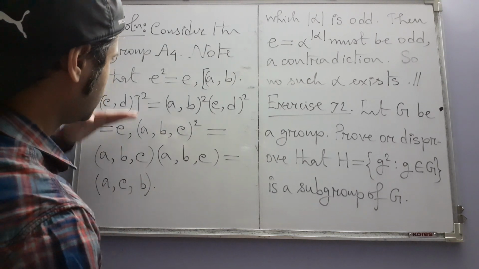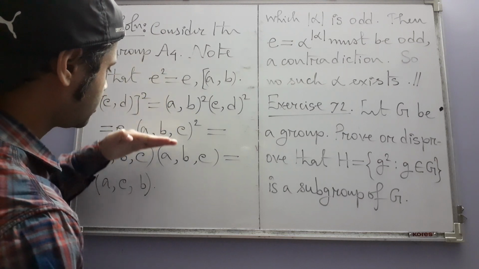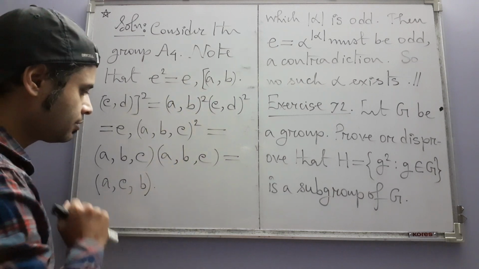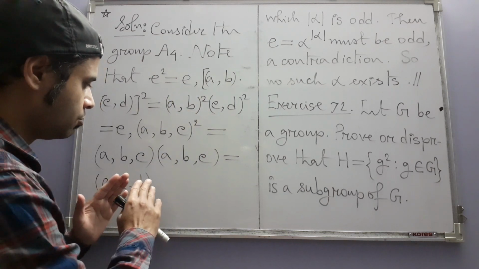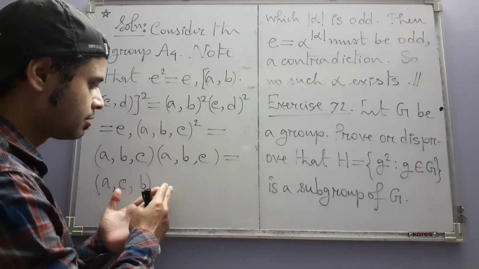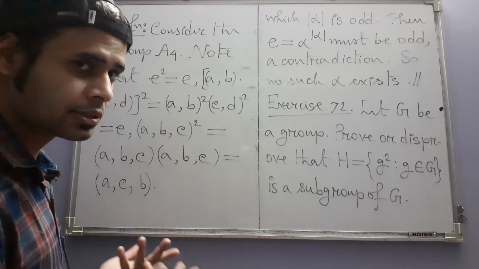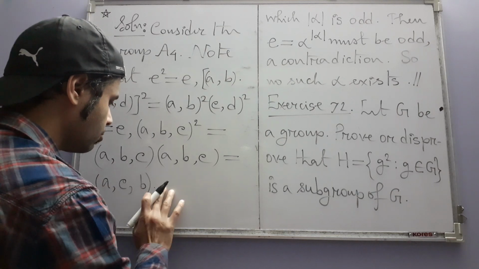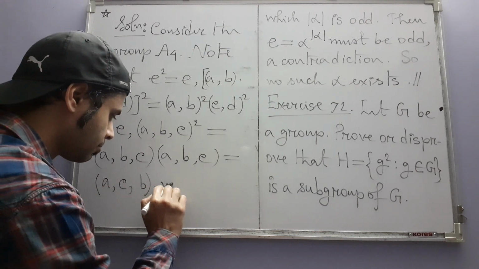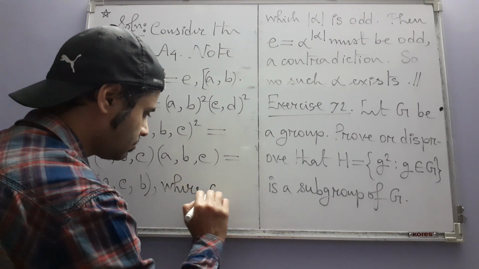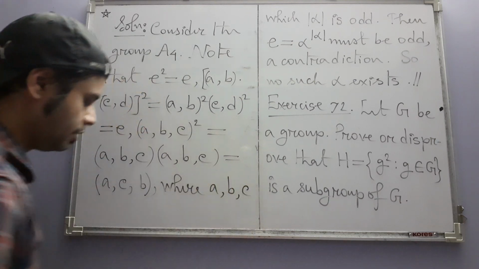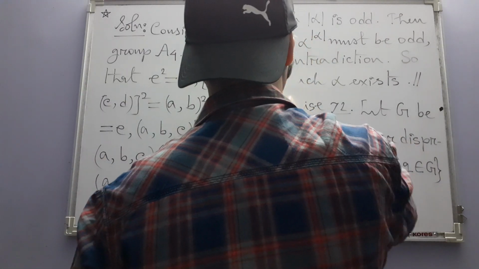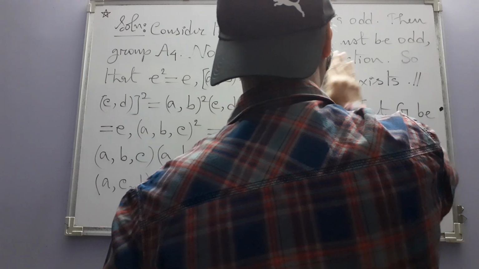Okay, so that means as we consider the squares of all of these types of elements, we end up having identity and 3 cycle. But do all 3 cycles appear as squares? That is another question. No. Also, we need to write where A, B and C are distinct symbols, or just simply A, B and C are distinct.